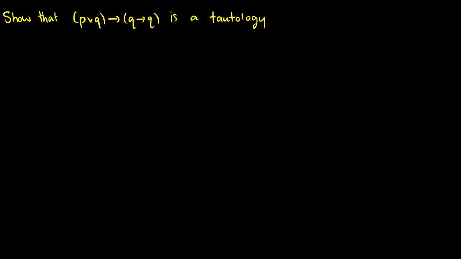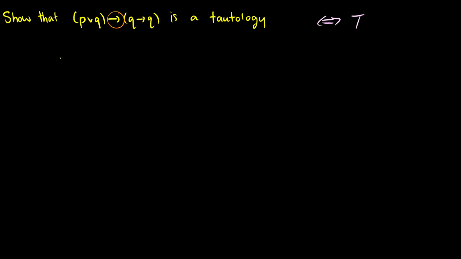Okay, and then our third question, we want to show that P or Q, arrow Q, is a tautology, which means we want this to reduce to true. That's the same thing. Okay, so our first step, we're going to use the definition of the arrow to change this.